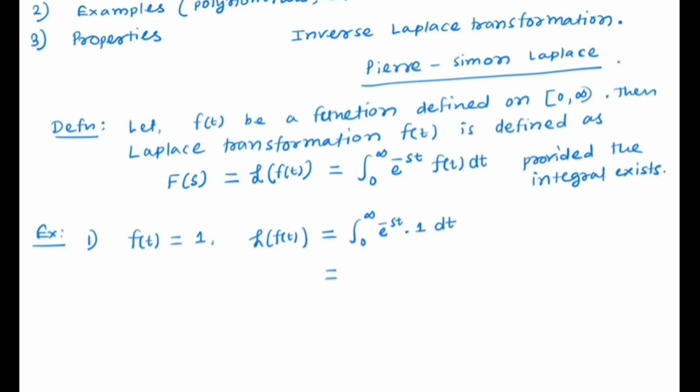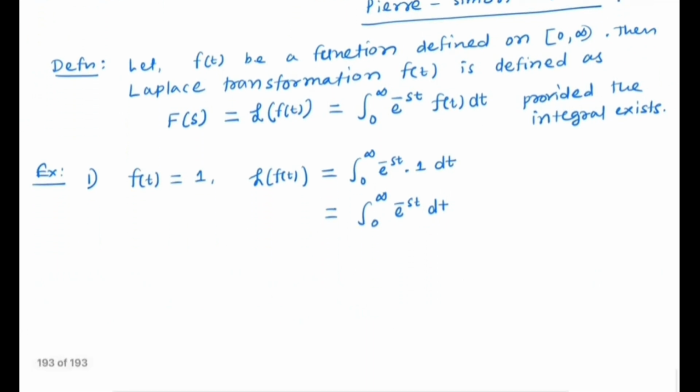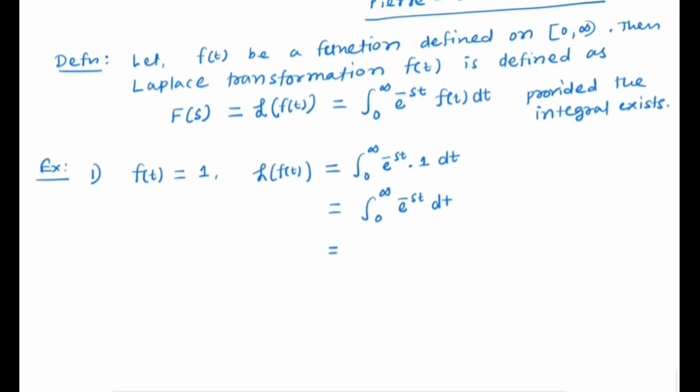So it will be the integral from 0 to infinity of e power minus st dt. Note that this is an improper integral. So this integral can be written as limit x tends to infinity of the integral from 0 to x of e power minus st dt.